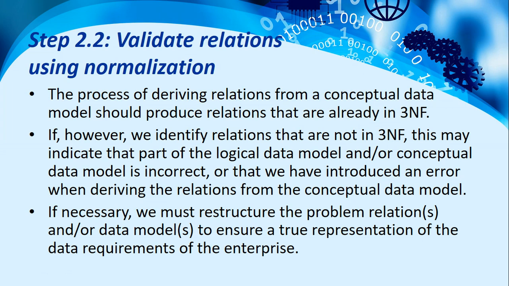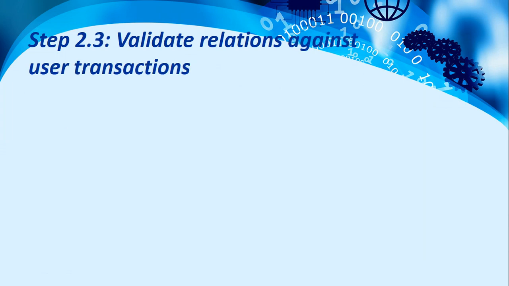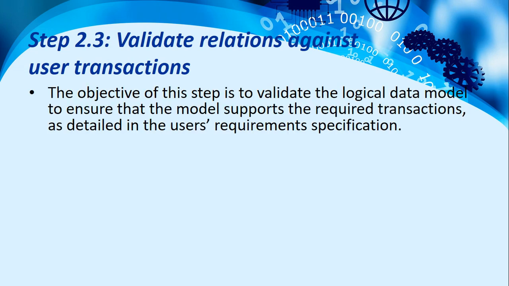Next we have validate relations against user transactions. The objective of this step is to validate the logical data model and to ensure that the model supports the required transactions as detailed in the user requirements specification. What happens in step 2.3 is the same as what we did in conceptual database design.